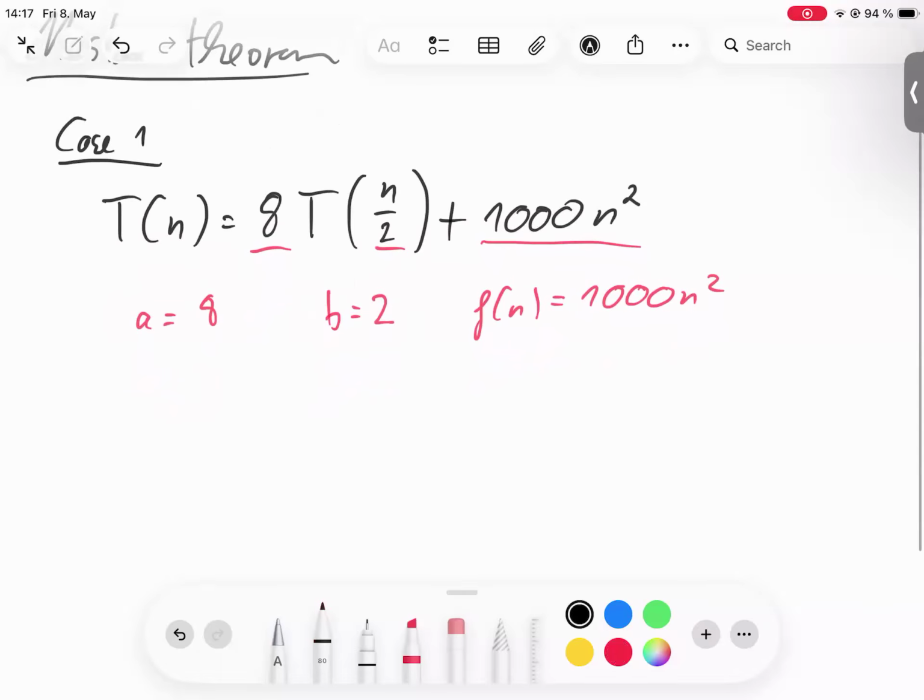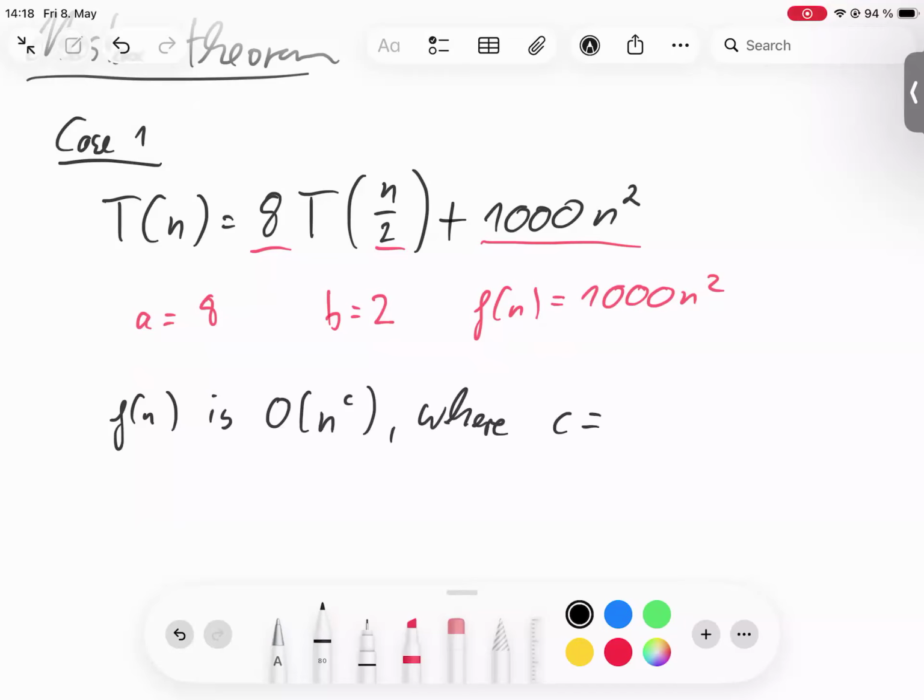So we see that f of n is O of n to the power of c, where c is what? You can tell me this in the chat. So I have my f of n, and f of n is O of n to the power of c. So what would be that c then? If you see what c is, you can send it to the chat.